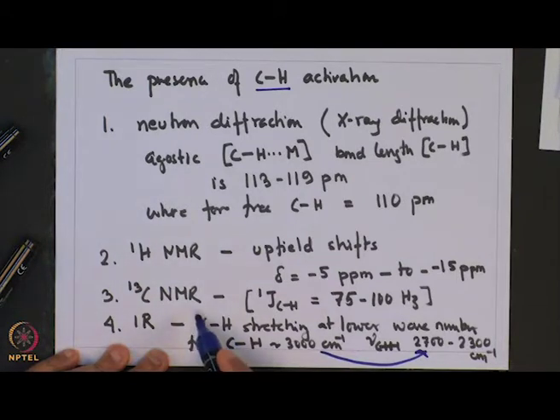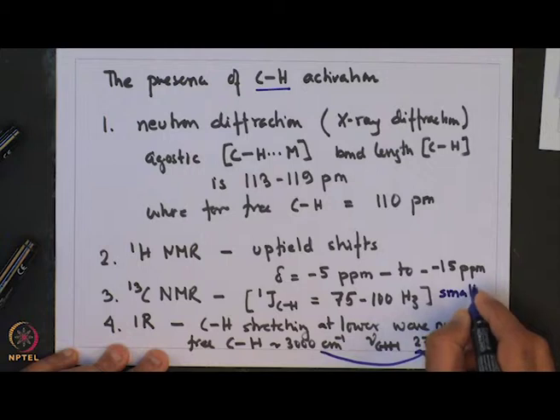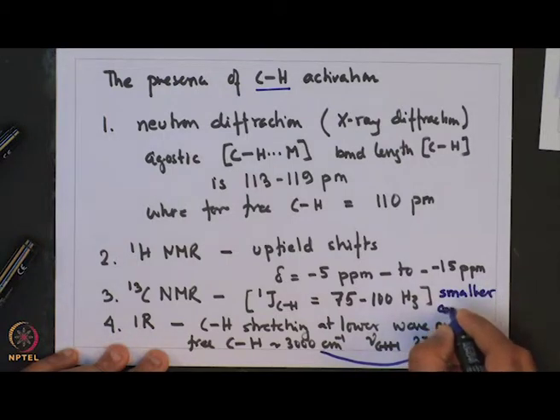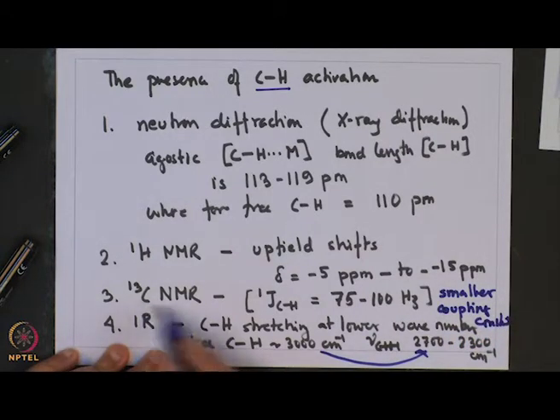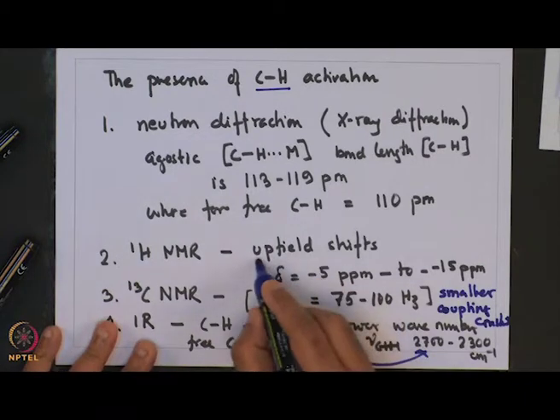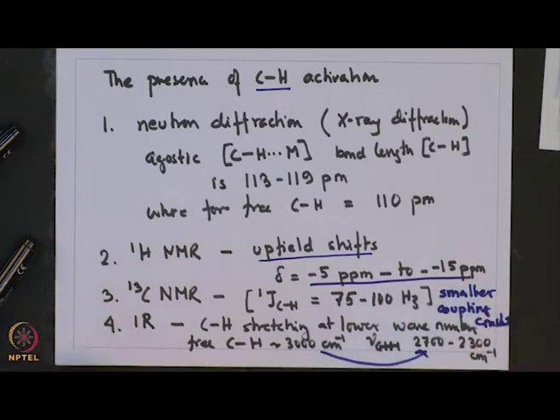The same can be seen in lowering of coupling constant in carbon 13 NMR, and proton NMR showed upfield shifts in the region from minus 5 to minus 15 ppm.